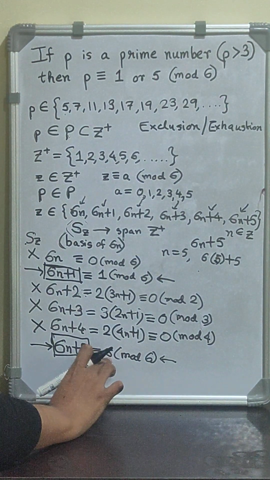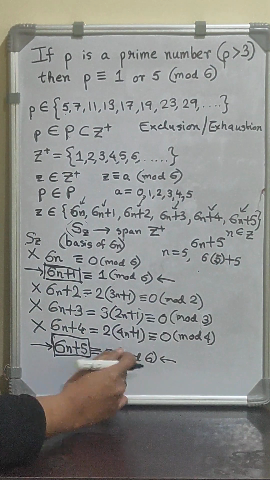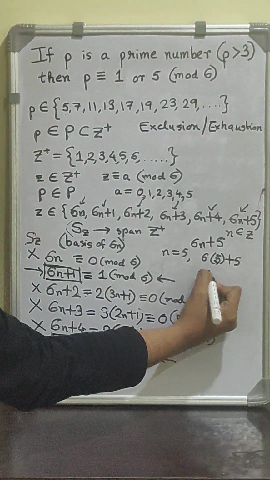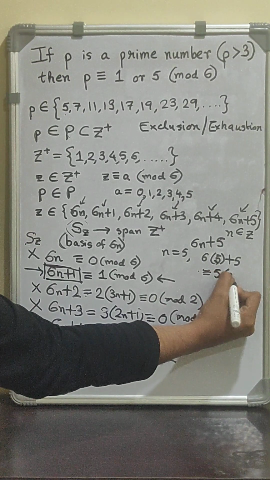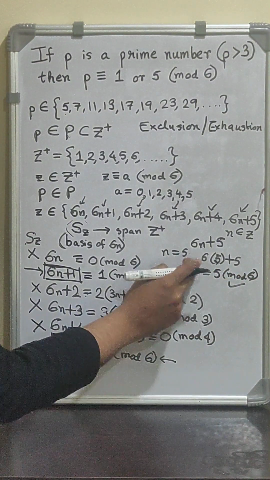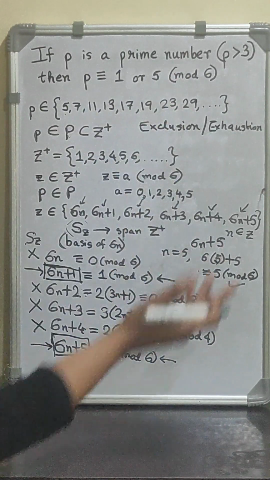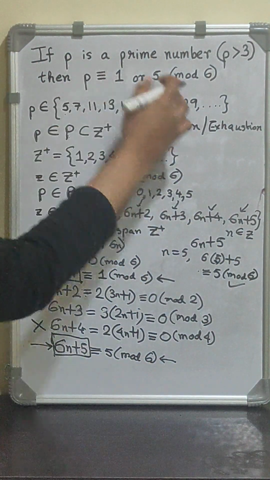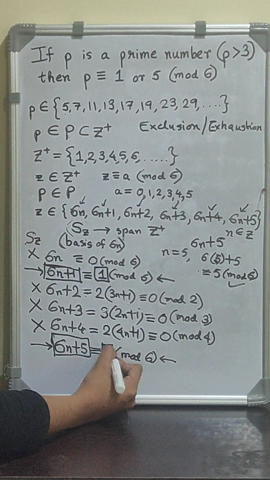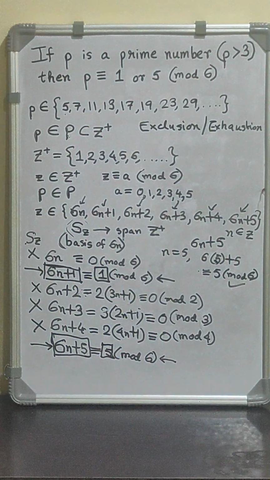So while this will be valid, while this number still gives you a remainder of 5 mod 6, that's true. That's not the point. The point is this is not a prime number. But any prime number has to have a remainder of either 1 or 5 modulo 6.